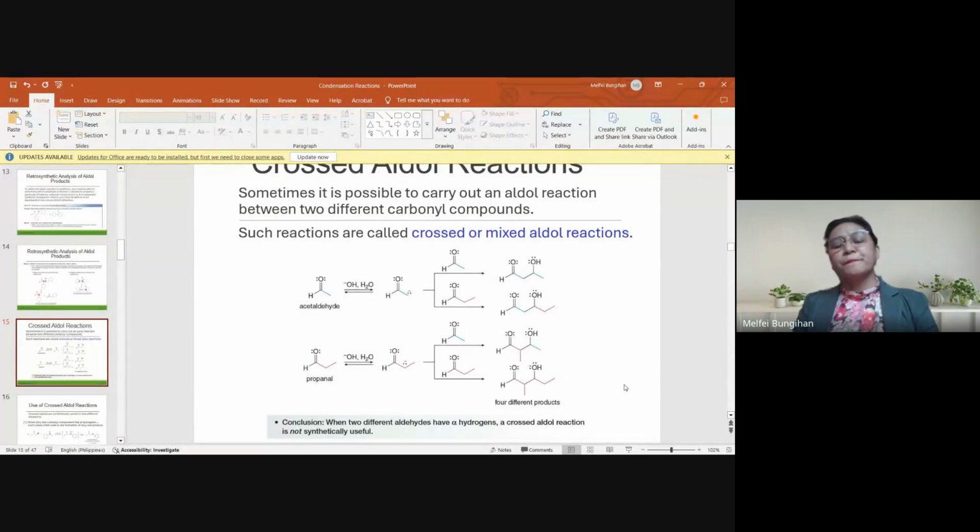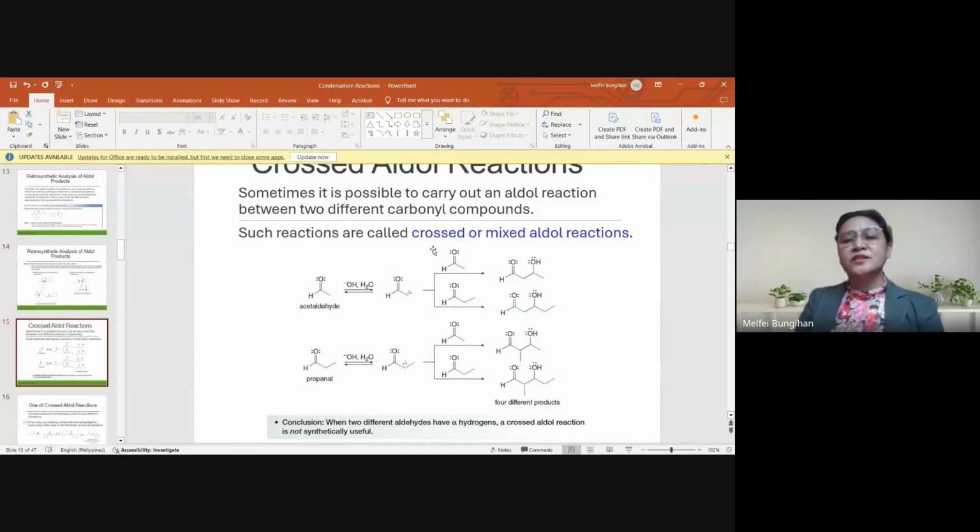So for example, acetaldehyde can form an enolate, right? Acetaldehyde and propanal reacting together. But you know that acetaldehyde forming an enolate can condense with itself.